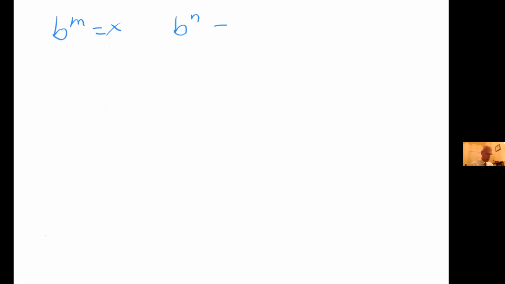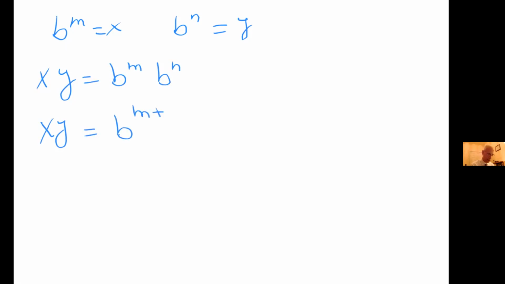So the product of x, y is b to the power of m times b to the power of n, which is the same as saying x times y equals b to the power of m plus n. Okay. I'm going to go ahead and take the logarithm of both sides.